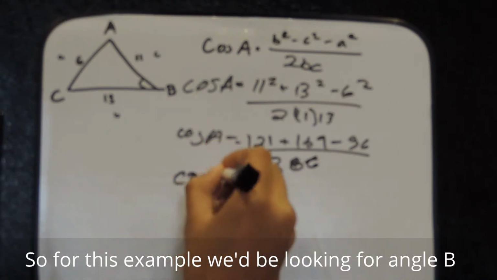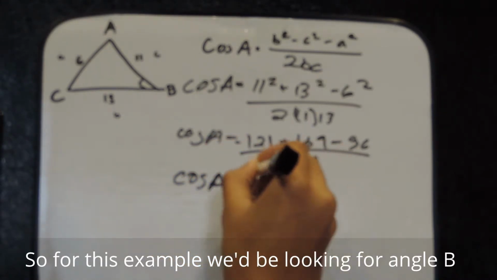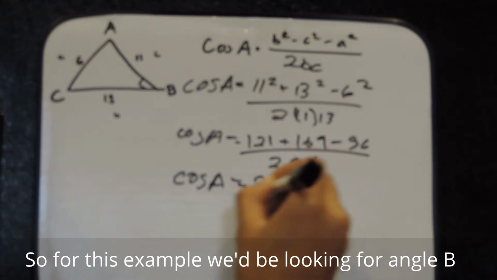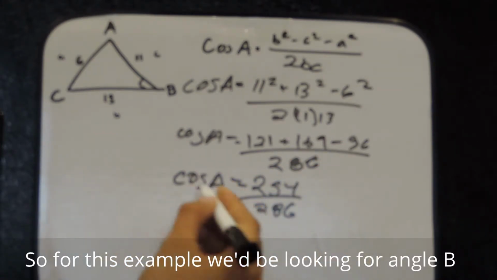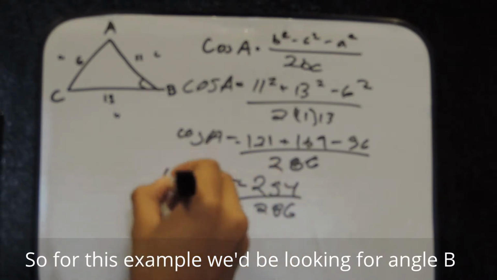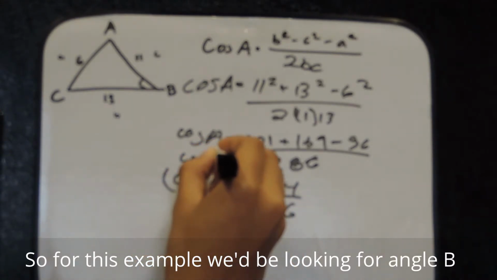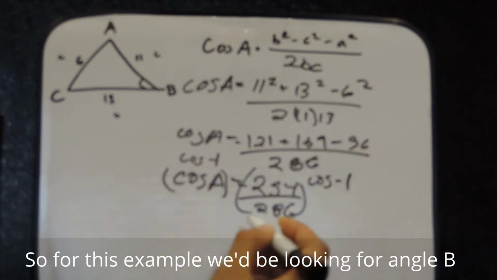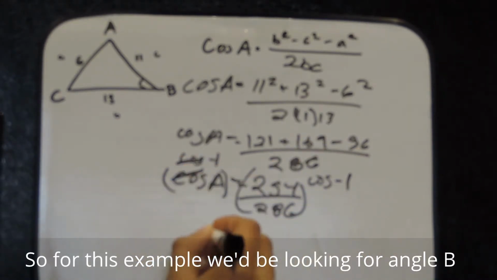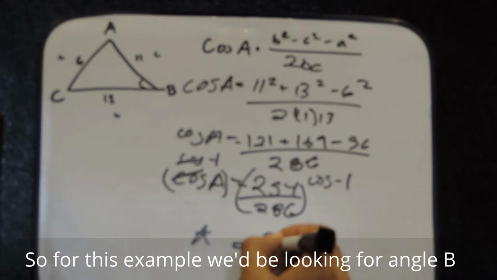So now we'll just simplify the top row, and we'll get 254 over 286. So to cancel out this cosine over here, we'll have to multiply it by cosine -1 on both sides. Now we just plug this into your calculator, the cosines cancel out, and A will equal 27.4 degrees.